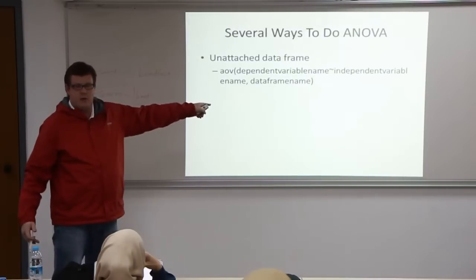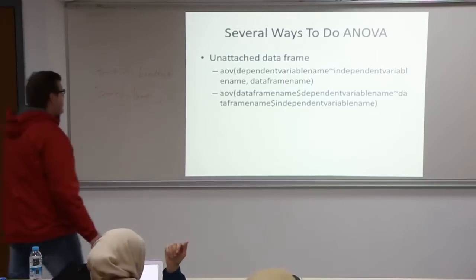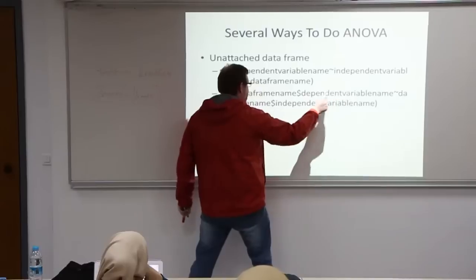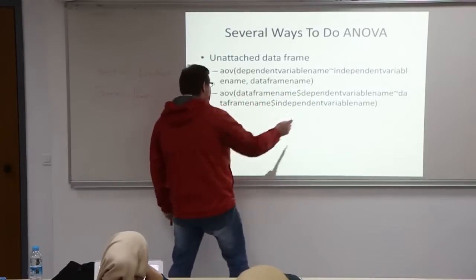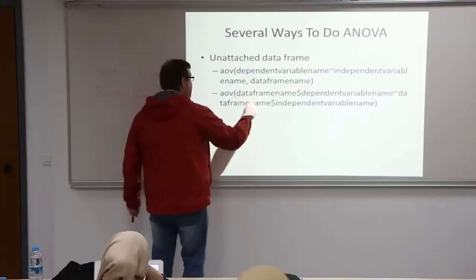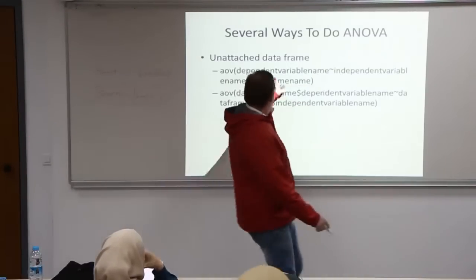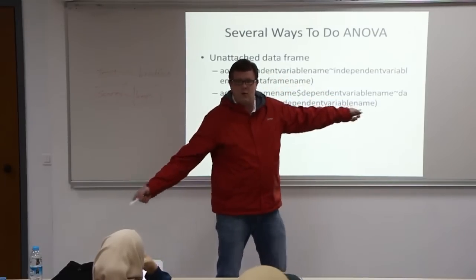They're in that data frame, right? Or we can say the dependent variable name in the data frame is a function of the independent variable in the data frame, and then we don't have to say the data frame name again, because we've already told it where these data are.